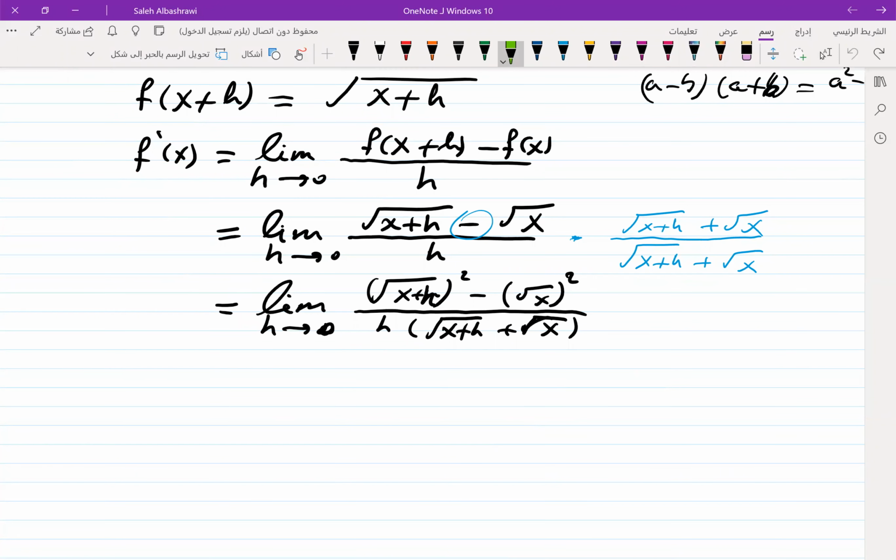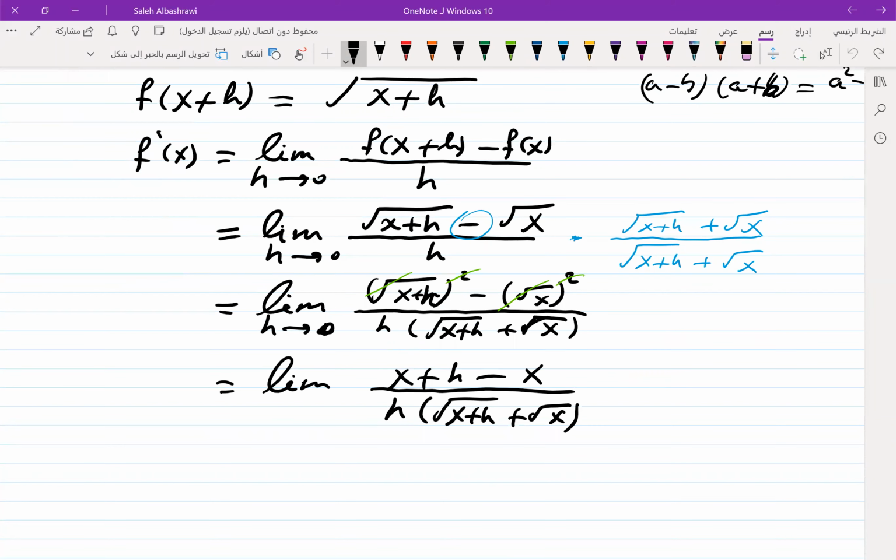And you know that the square will cancel the square root. So I will have in the numerator the limit of x plus h minus x divided by h multiplied by square root of x plus h plus square root of x as h goes to 0.